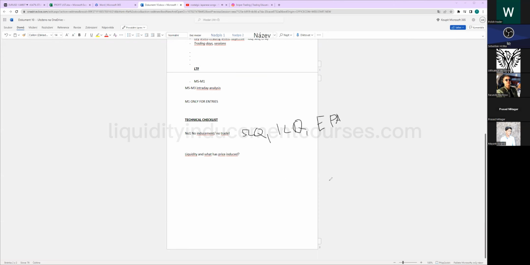Meaning if you have a trade like this, the price does this, and there's inefficiency left, then they want to position themselves into trades here in this EPA. This was the last EPA. This was IPA.